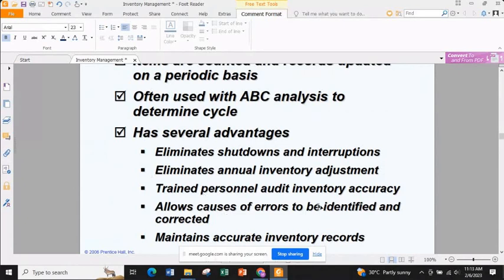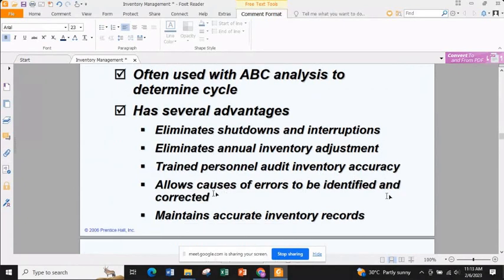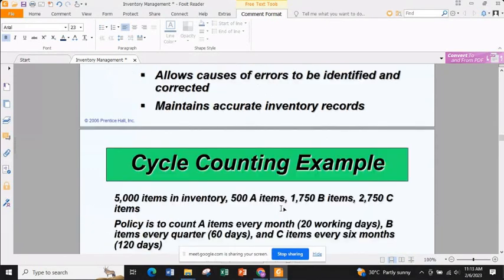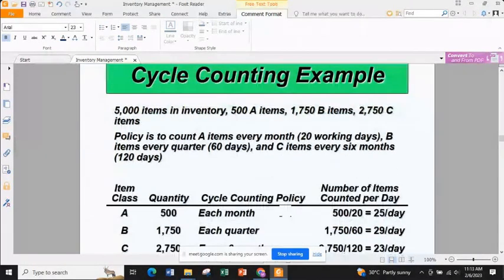It trains personnel and audits inventory accuracy. It allows causes of errors to be identified and corrected. It maintains accurate inventory records. So this is a cycle counting example. 5,000 items in inventory. So 500 items are category A.